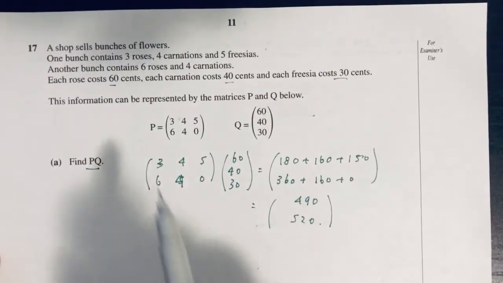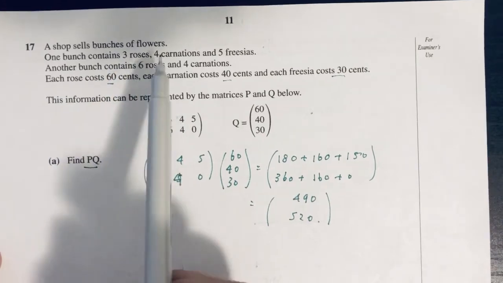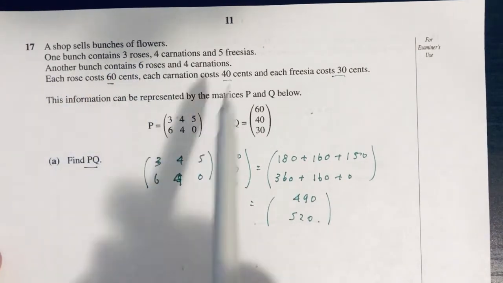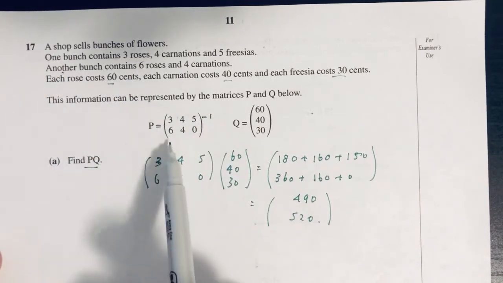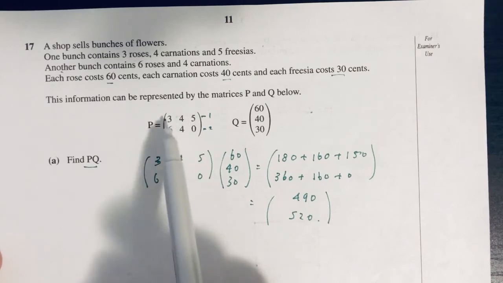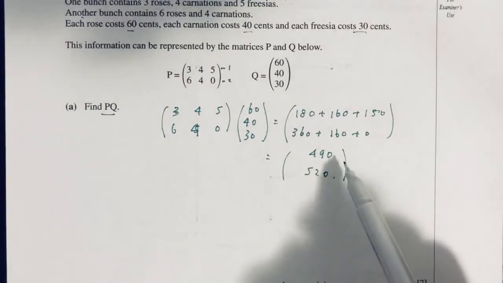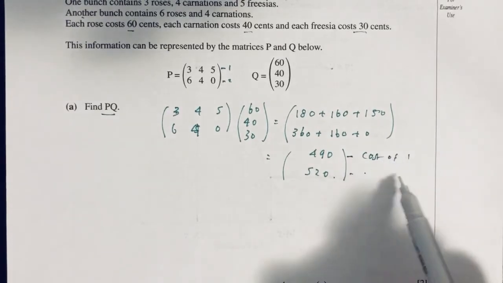So as you can see, this is the number of roses in the first bunch. So 3, 4, 5, that's bunch number 1. And then another bunch has 6 roses and 4 carnations, bunch number 2. So when we multiply this, these two values will be the cost of bunch 1 and the cost of the other bunch.